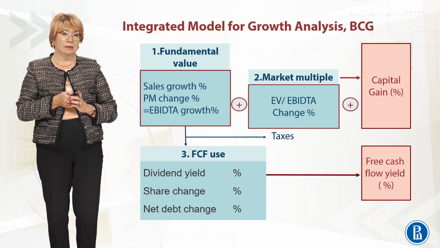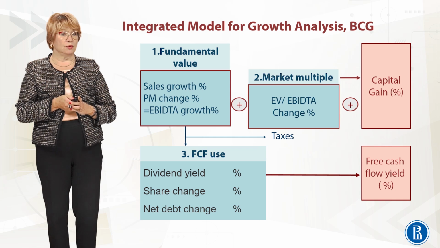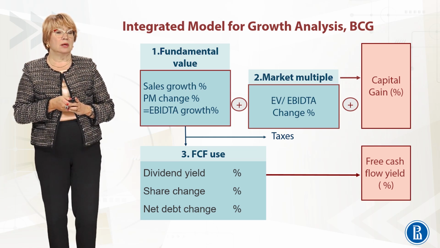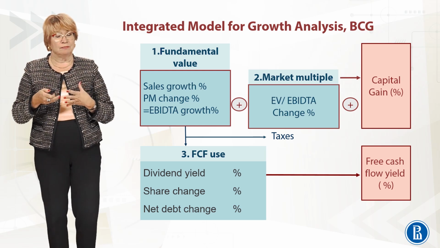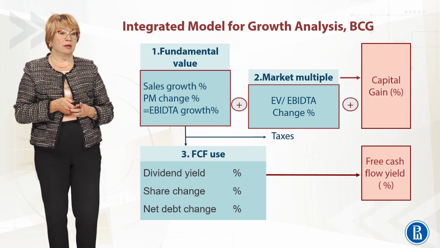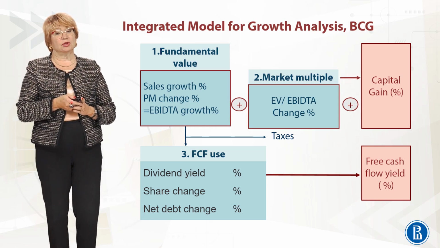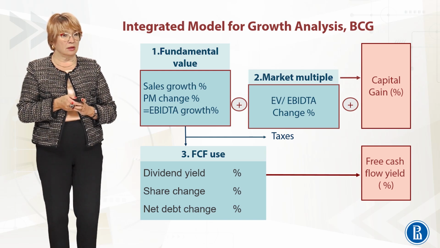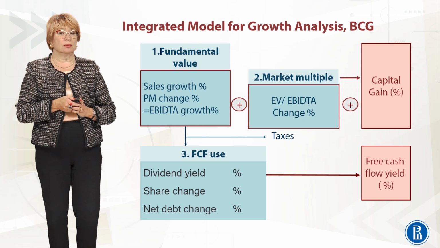And the third step would be analysis of the free cash flow use: the change in dividend yield, the change in the number of shares, because the company is going to use some money for share repurchases in case it runs these share repurchases instead of simple direct dividend cash payments, and the net debt change in percentage terms.